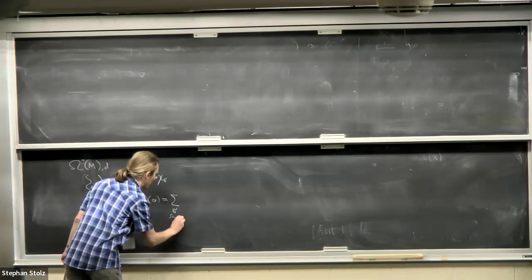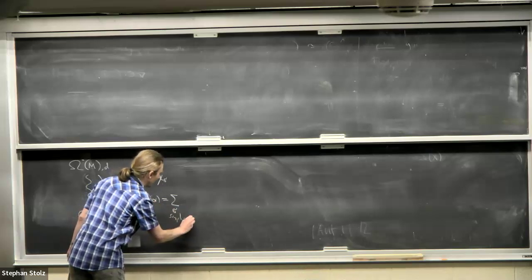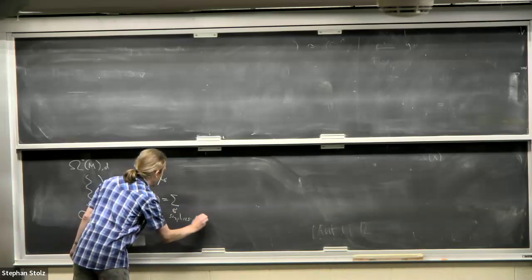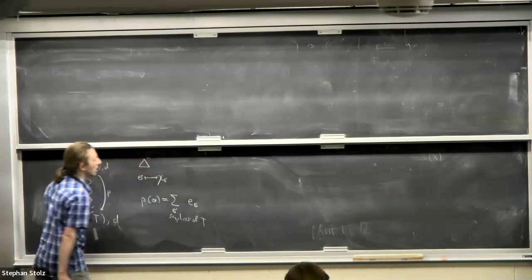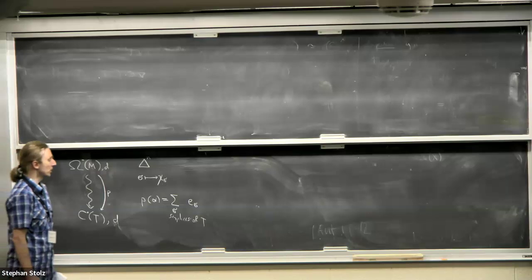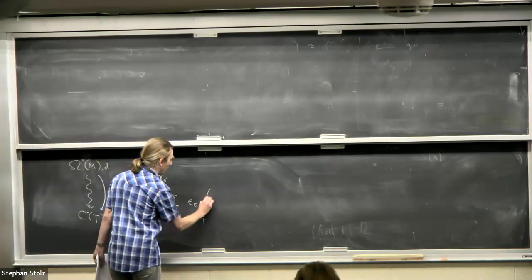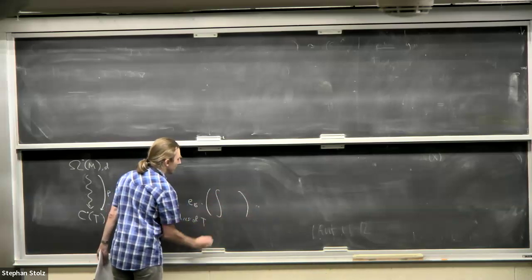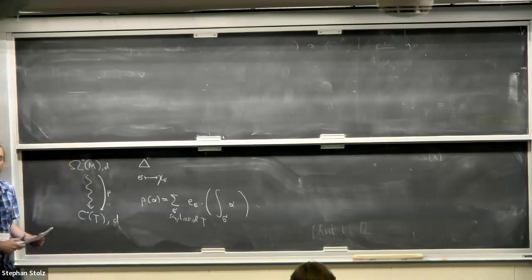all simplices of triangulation of different dimensions. Well, actually, only some dimensions will be relevant here. Then I should take the basis cochain associated to that simplex. Let me denote it E sub sigma. So basis cochain times a number, and the number is the integral of alpha over that simplex.